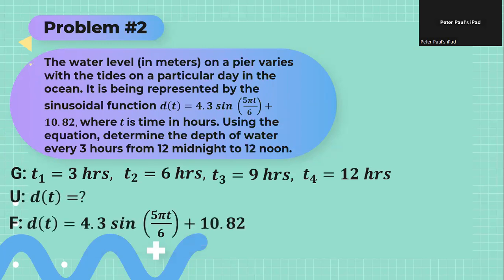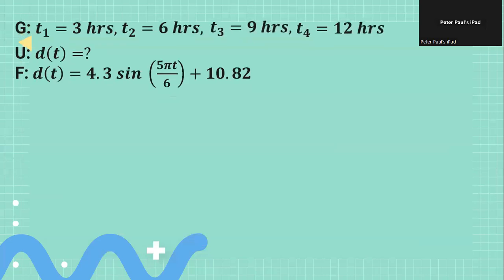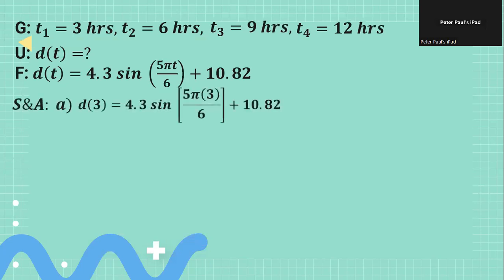D of T is what we are looking for, and our formula is the given sinusoidal function. Then we just substitute the value of T when it's 3, 6, 9, and 12 respectively. Start with D of 3. The answer is, just encode it in the calculator. We get 15.12.